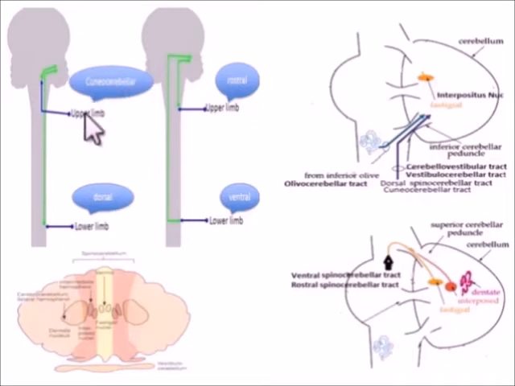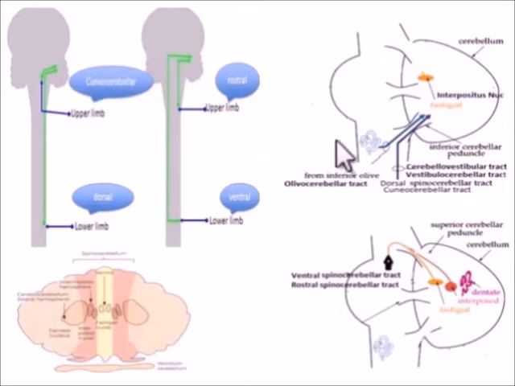And similar tract in the upper limb is called as cuneo-cerebellar tract, which also carries mainly the proprioceptive sensations from the upper limb, and along with the posterior spinocerebellar tract it enters through the inferior cerebellar peduncle into the spinocerebellum.